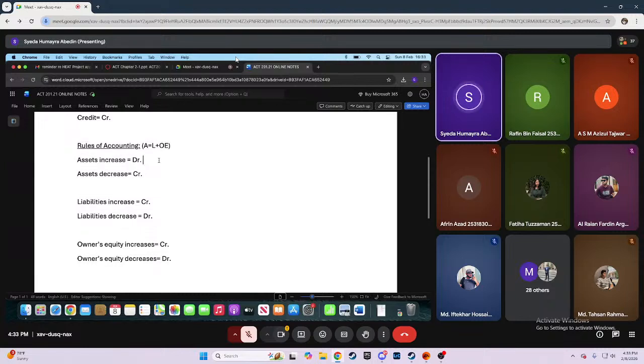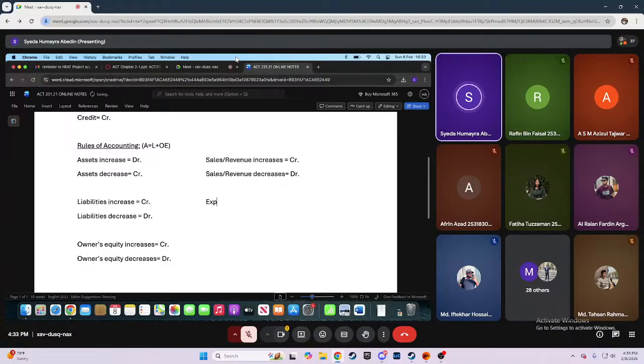So assets, liability, owner's equity, then comes sales or revenue. If we ever see our sales or revenue increasing, it will always go to the credit side. If we feel like our sales or revenue is decreasing, it will always go to the DR side, debit side.